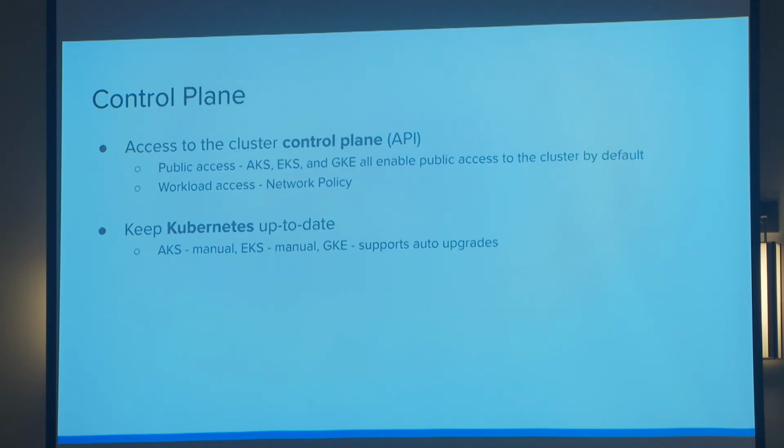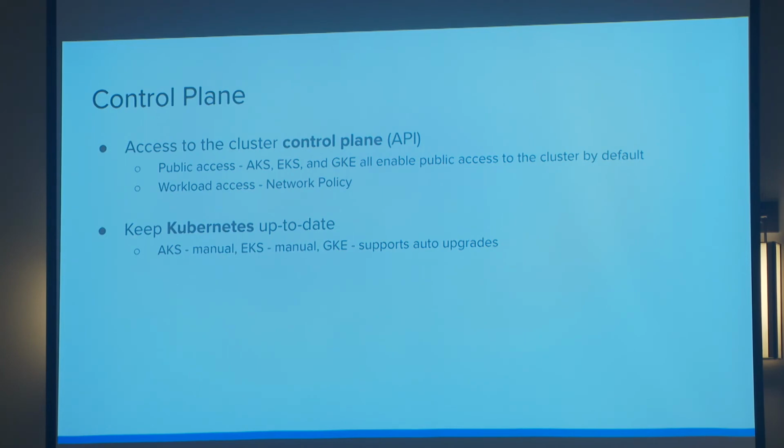Next is the control plane itself. So we've said that as part of that attack surface, we've got the API server, the control plane. By default, all three of the major cloud service providers allow public access to that API server when you provision a cluster. It's probably a good idea to restrict that access to only the networks or IP addresses that need it.